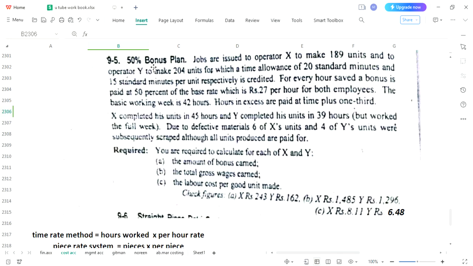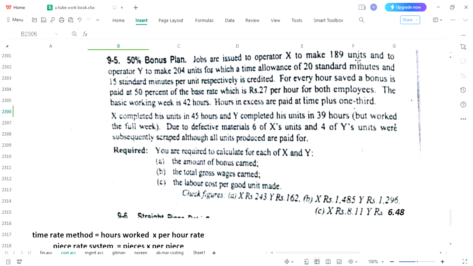Let's start reading. Jobs are issued to operator X to make 189 units, and to Y, we will read it later, with a time allowance of 20 standard minutes given to operator X. So two amounts are related to X, and we are leaving 204 and 15 for the time being.